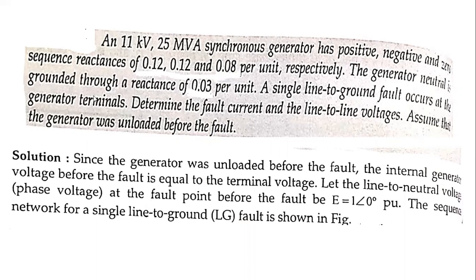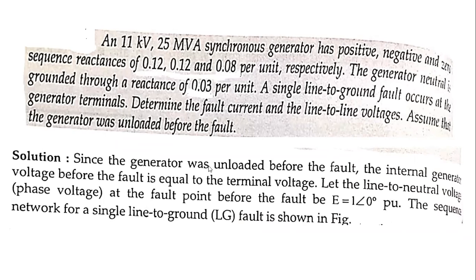A single line to ground fault occurs at the generator terminals. Determine the fault current IF and the line to line voltage. Assume the generator was unloaded.